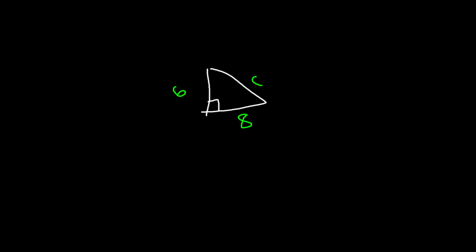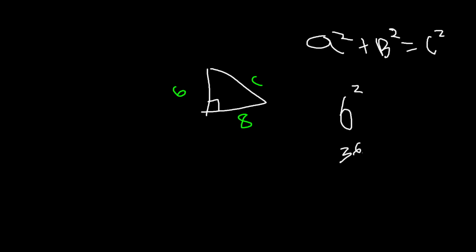So we're going to start by squaring every one of these values to follow a squared plus b squared equals c squared. So we're going to take 6 squared, that's 36, 8 squared, which is 64, and then we're going to get c squared, which we don't know yet.